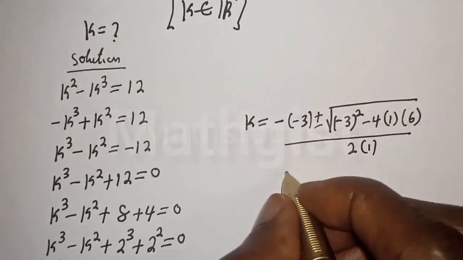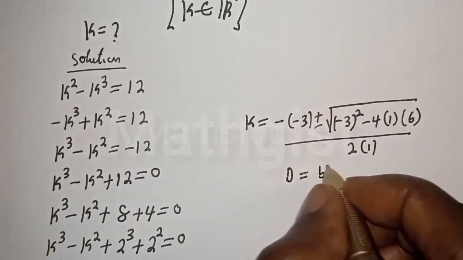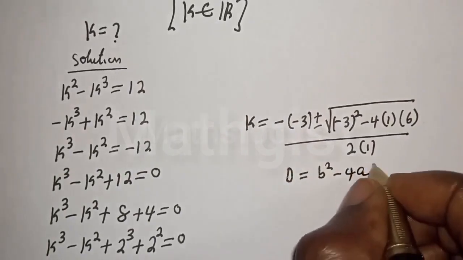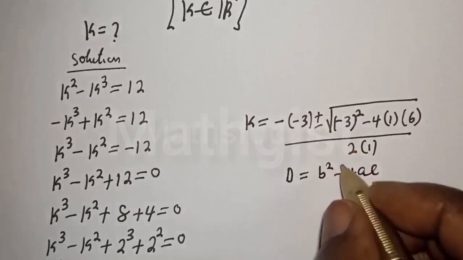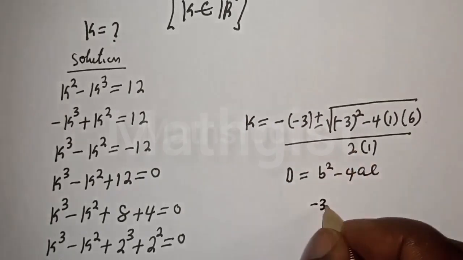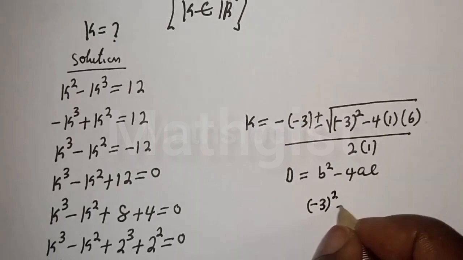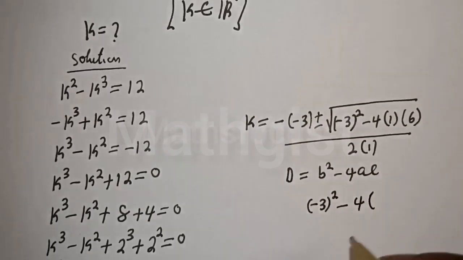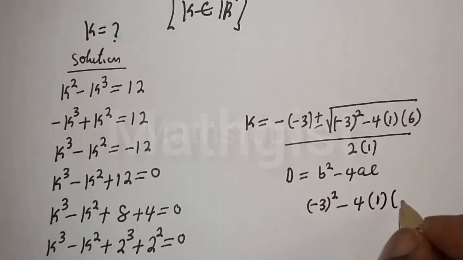The discriminant is equal to b squared minus 4ac. Then b is minus 3 squared minus 4 multiplied by a is 1 and c is 6.